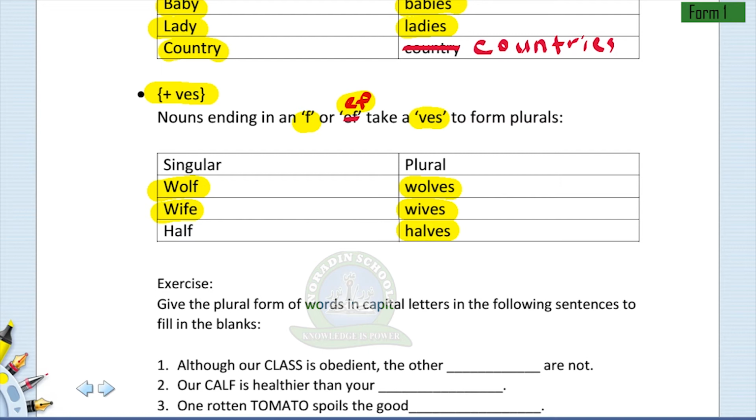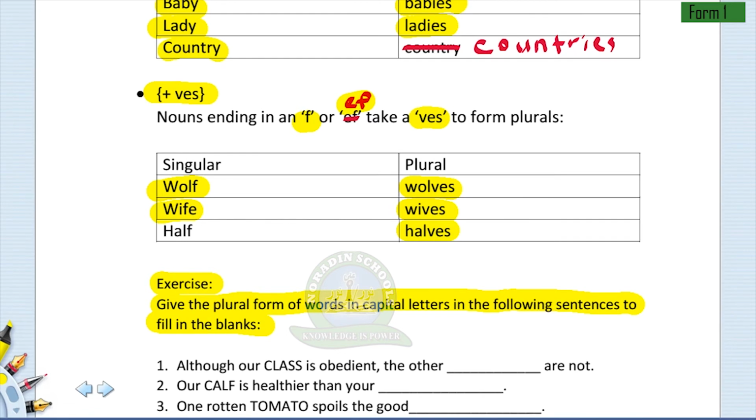Now you do this exercise. You have to change the words in capitals to plurals and fill them in the empty spaces in the following sentences. Give the plural form of the words in capital letters to fill in the blanks.